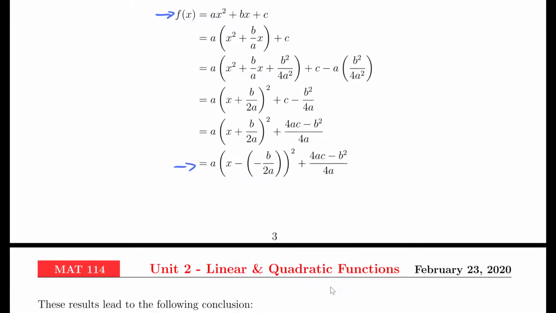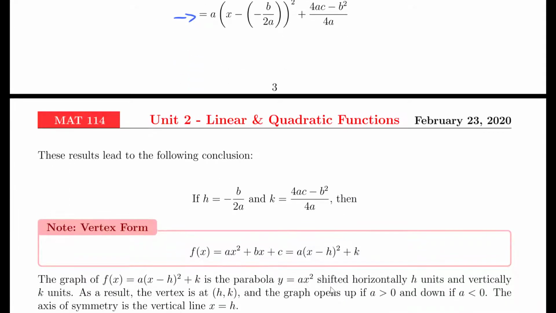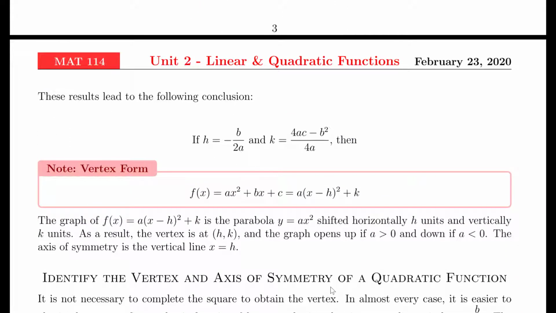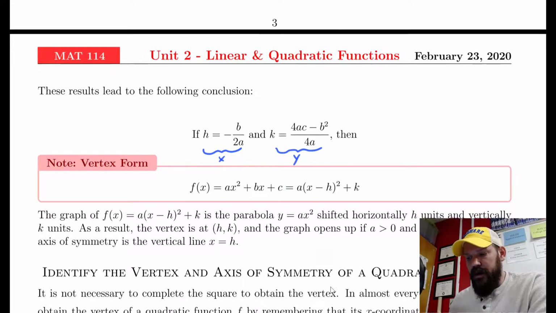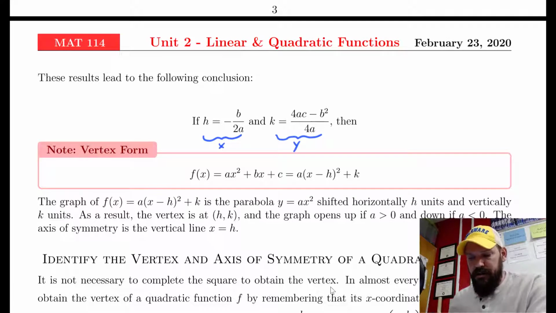What we note from this last line is that we can compute the vertex of a parabola directly from the quadratic without having to go through completing the square, because our h value, which is the x-coordinate of the vertex, is negative b over 2a, and our k value, which is the y-coordinate of the vertex, is (4ac minus b squared) over 4a. Remember, a, b, and c are your coefficients on x squared, x, and your constant.